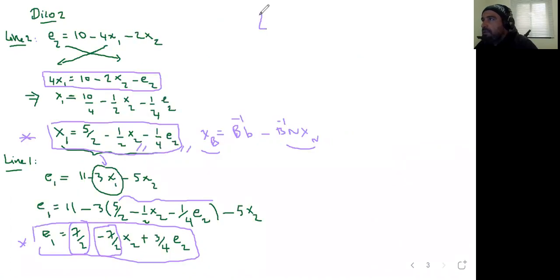So Z, let me go back to my green. Z, which was equal to 6x1 plus 5x2. Now it's no longer 0, right? I have to multiply 6 by the value of x1. How much is x1?